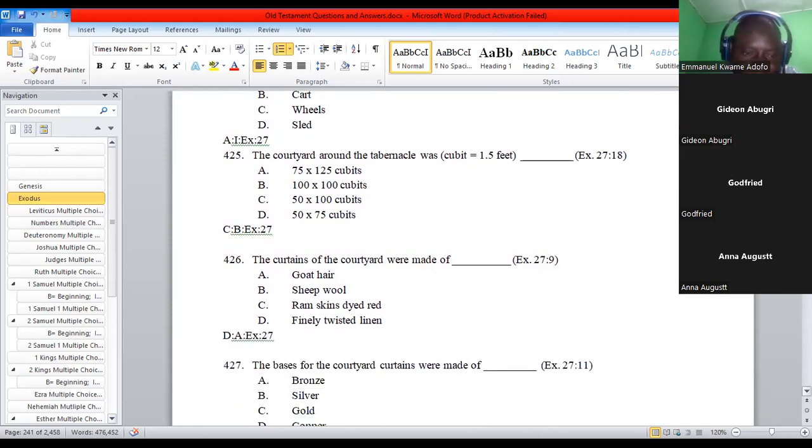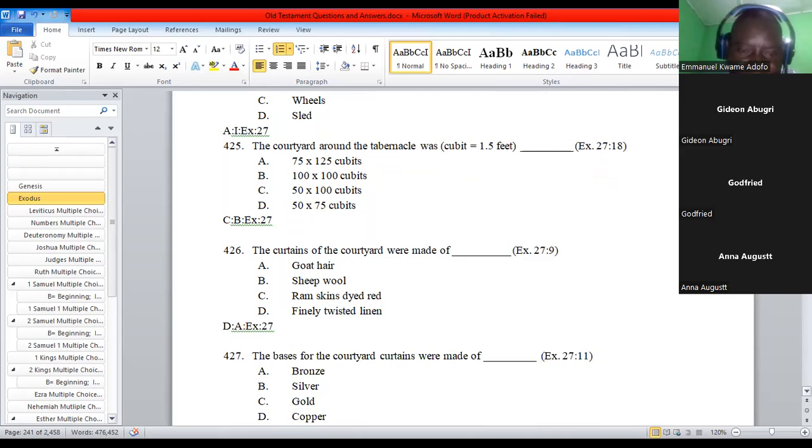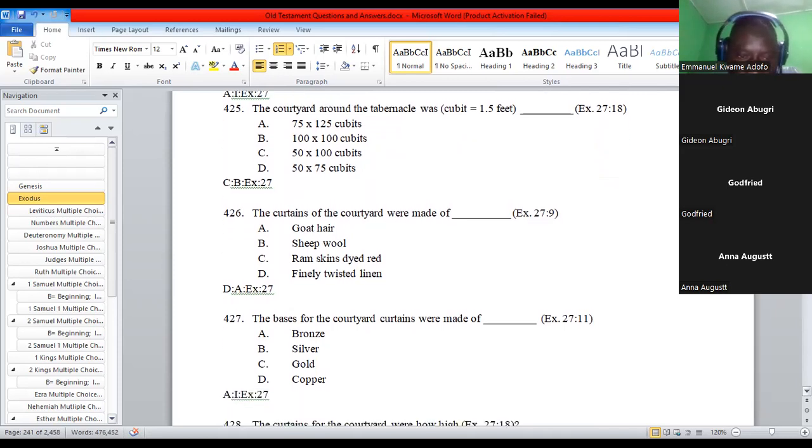Okay, thank you. The bases for the courtyard curtains were made of what? Bronze. Okay, bronze.